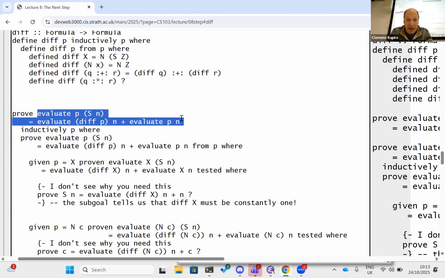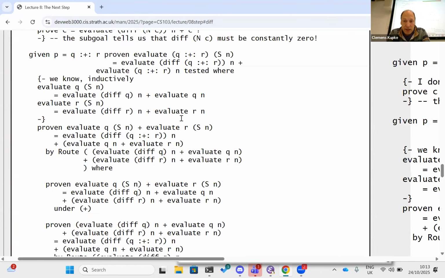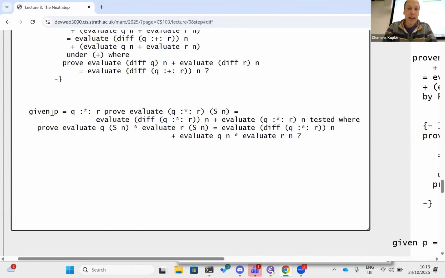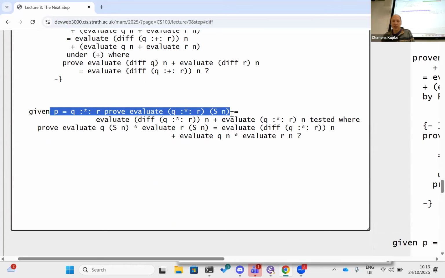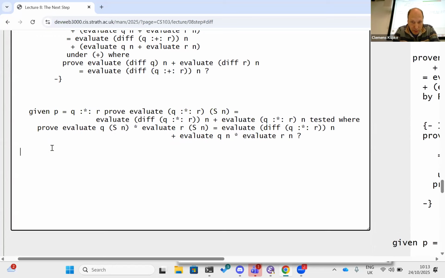So I copy this just for the fun of it, because we're now going down to the case that we have to deal with, namely the multiplication. And if we have to deal with this, it's always good to somewhere put the inductive hypothesis. So let's carry this like this. This was not good, but we will get there.